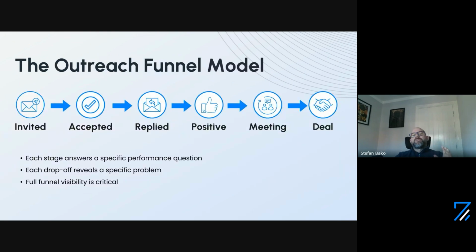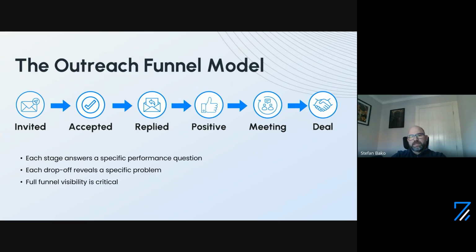Now let's break down the outreach funnel. Every campaign follows mostly the same path. You invite someone, they accept or not, they may reply, that reply might be positive, and it may lead to a meeting and then eventually a deal. What's important here is that each stage is answering a different question.